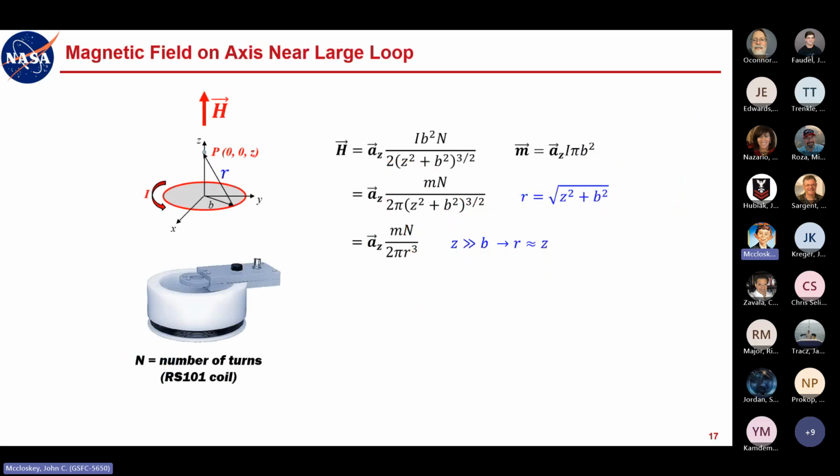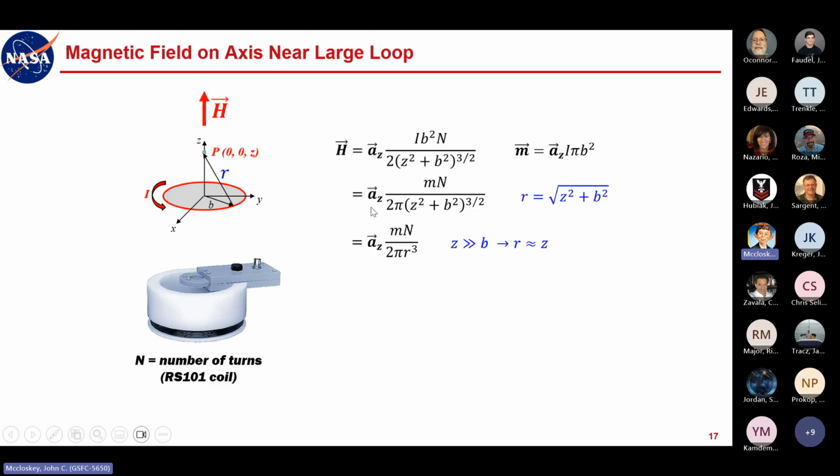And then the elemental dipole, of course, is basically looking at the limit as b approaches 0. But for any practical sized loop, this is probably an example that's in any electromagnetics textbook you may have used. This gives you that radial component of the H vector along the axis going through the center of your circular loop.